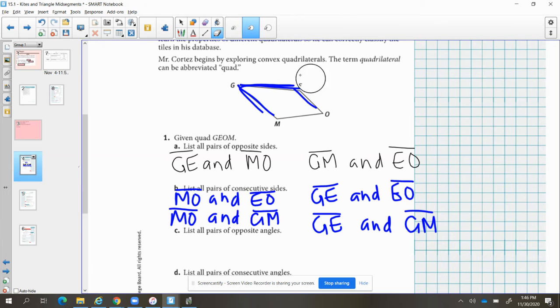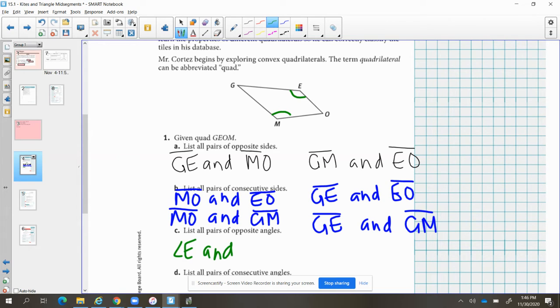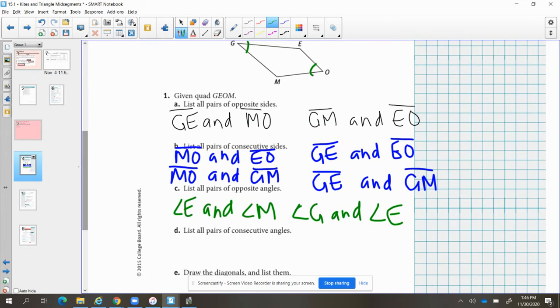Now, just like we have opposite sides, we also have opposite angles. So the opposite angles here are going to be angle E and angle M. And then G and O are the other pair of opposite angles, angle G and angle O. And just like we had consecutive sides, we also are going to have consecutive angles.